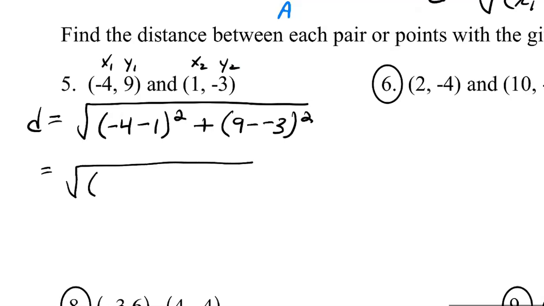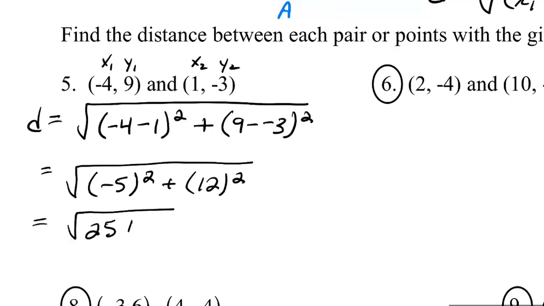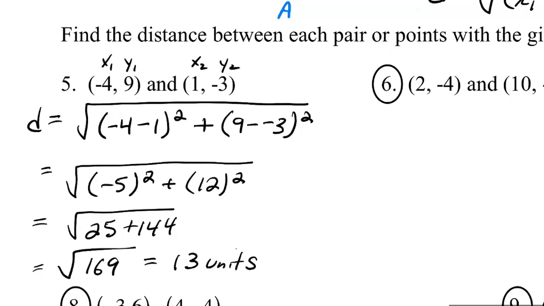That would give us -5 squared plus 12 squared, which would be 25 plus 144. And 25 plus 144 is 169, which is a perfect square, and we get 13 units. So the distance from one point to the other on question number 5 is 13 units.